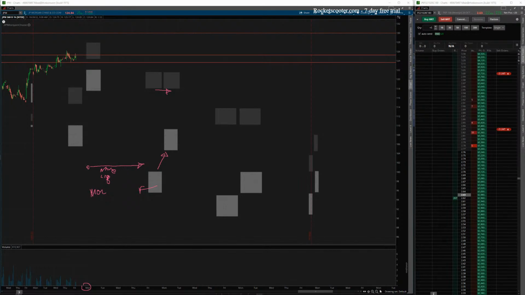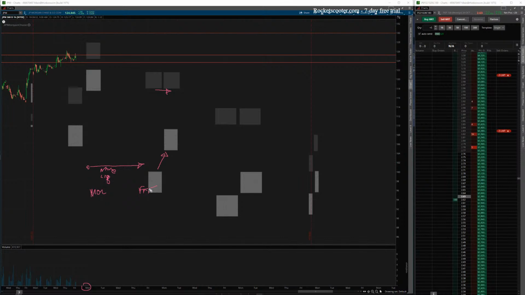So here, more liquidity from Monday to Friday. It would tell me that my bias should be long bias, long options, not short.